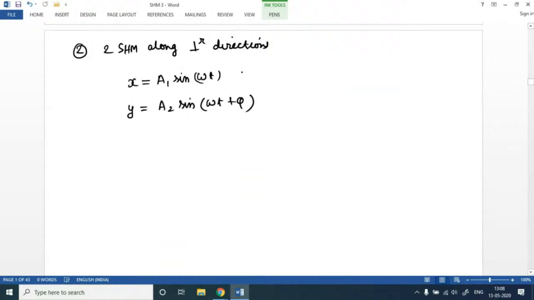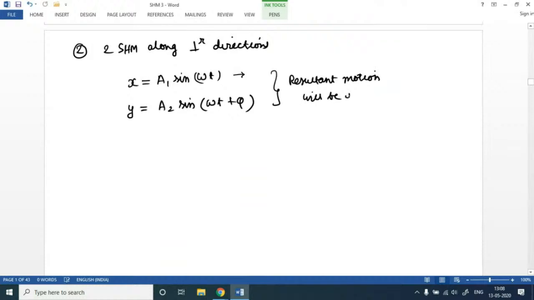So you should realize this is the SHM along the x-axis, and this is the SHM along the y-axis. When we combine these two motions, the resultant motion will be two-dimensional.